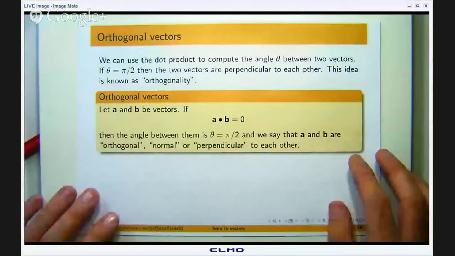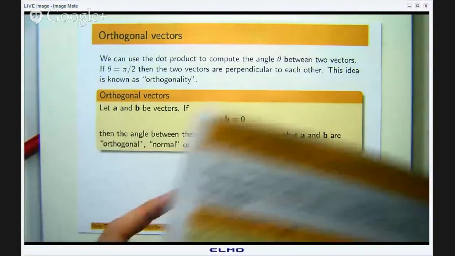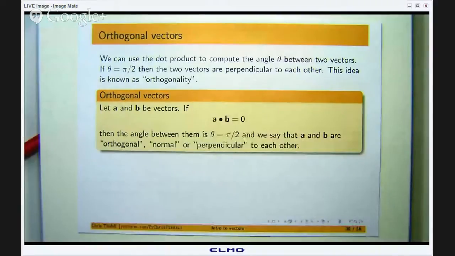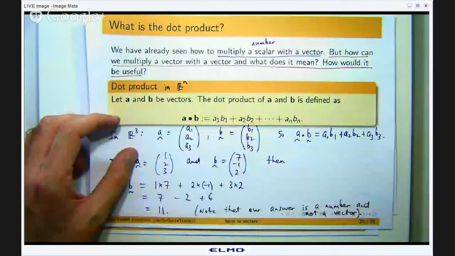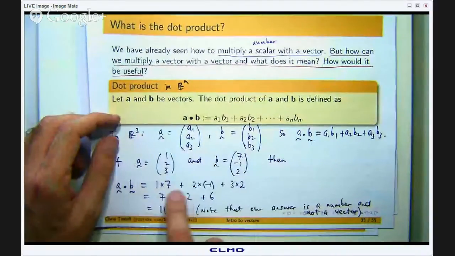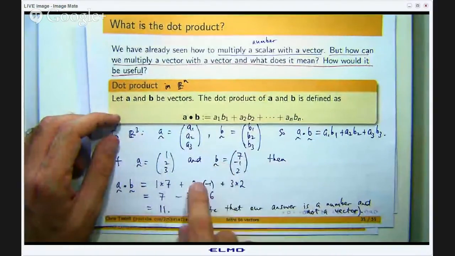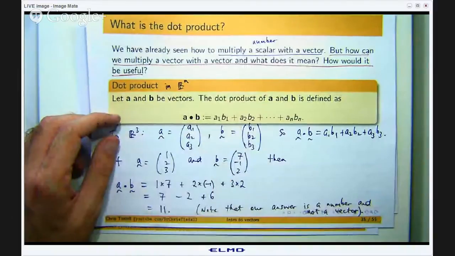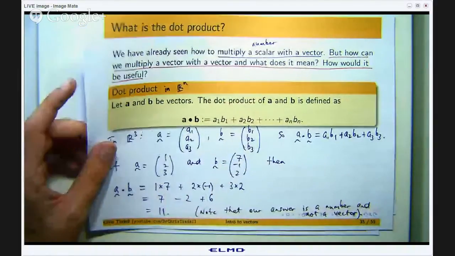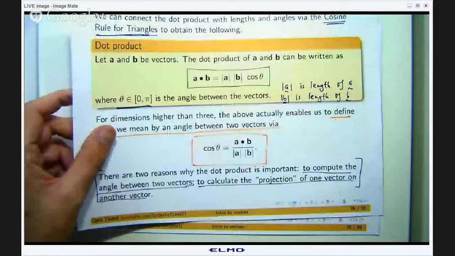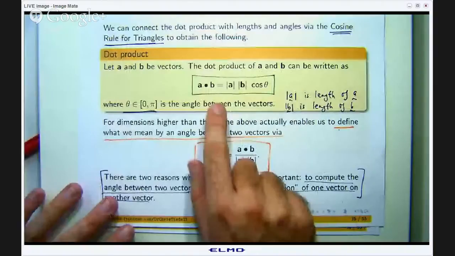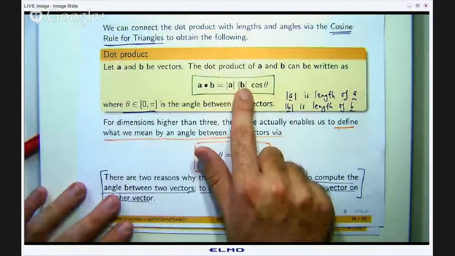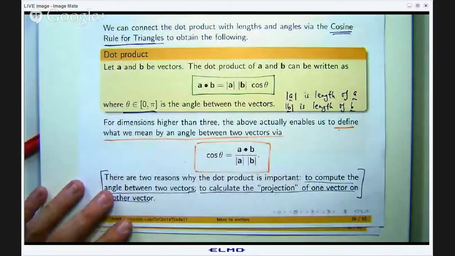Okay, so just to refresh our memories, the dot product is just a special operation between two vectors where you multiply the corresponding components together and you add up all the multiplications. Okay, and I showed you, and I gave a proof of this, that we can connect this dot product with the lengths of the two vectors involved and the angle between them.